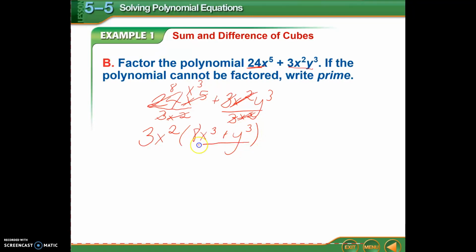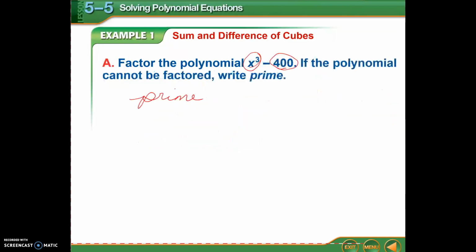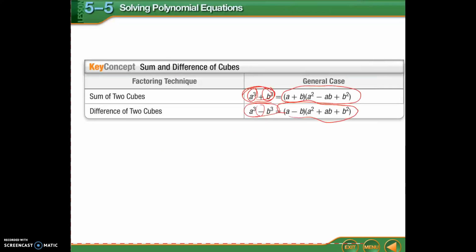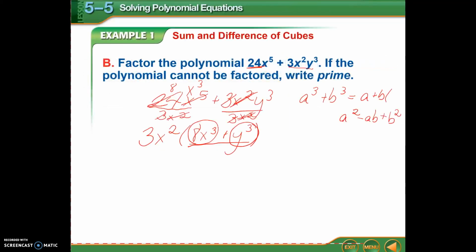Now, when I'm looking at this, these are both cube terms, so I can go back to that formula. When I have two things that are cubed and added, that equals a plus b times a squared minus ab plus b squared. Make sure I get that right. Yes. So here we have two cubes.